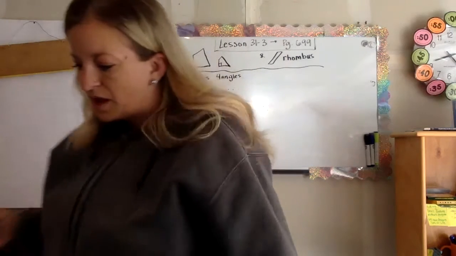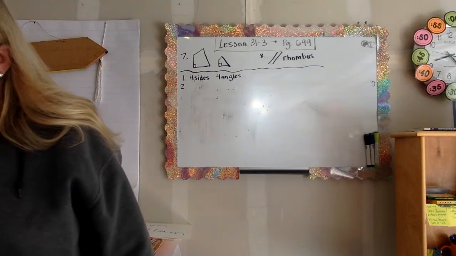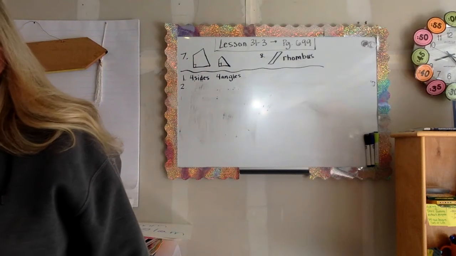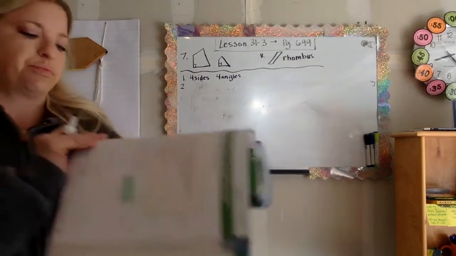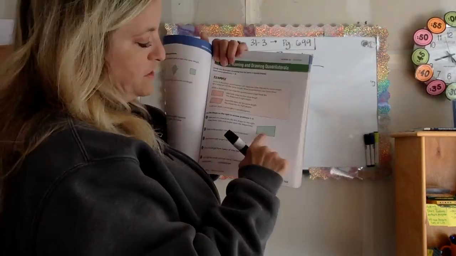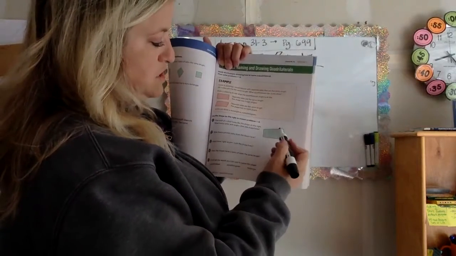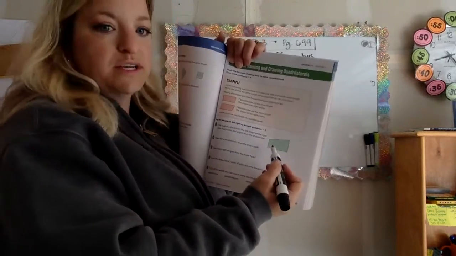Number 2. How many parallel sides does this shape have? It only has 2. It has 1 pair of parallel sides. So how many parallel sides does the shape have? Well, this one and this one are not parallel, because if you continue this line down and this line out, eventually they're going to intersect.